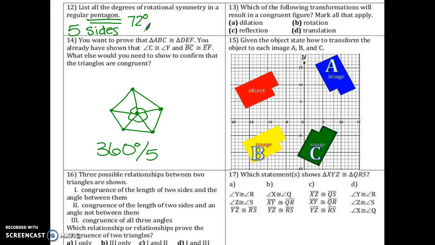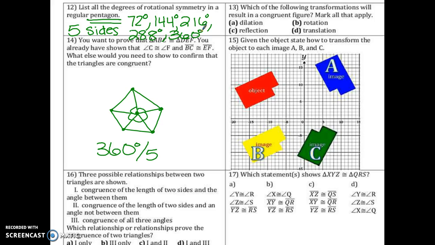If I do another 72 rotation, it's going to look the same, so that would be 144 degrees. Again, another rotation of 72 is 216. Another rotation is 288. And finally, I'm back to 360. And those are my 5 degrees of rotation for a pentagon.